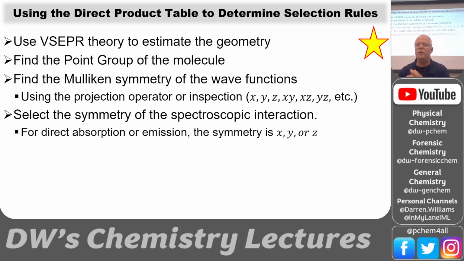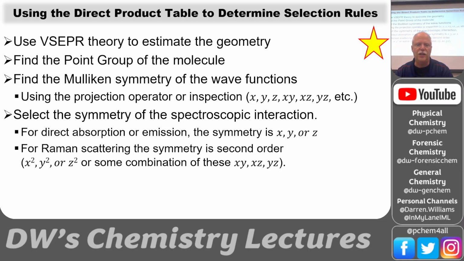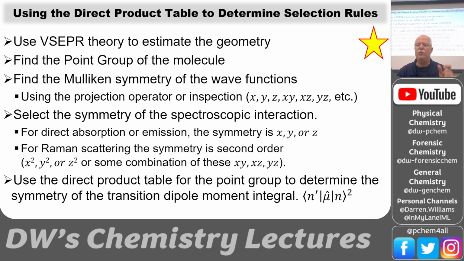For direct absorption or emission, it's just the polarization of the electric field. So is it coming in polarized along the x-axis, the y-axis, or the z-axis? For scattering, it's some second order combination. So it could be x squared, y squared, z squared, xy, xz, and yz. And then we use the direct product table to determine the symmetry of the integrand inside the integral.